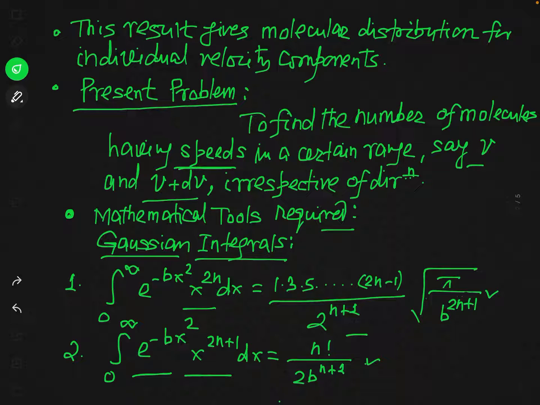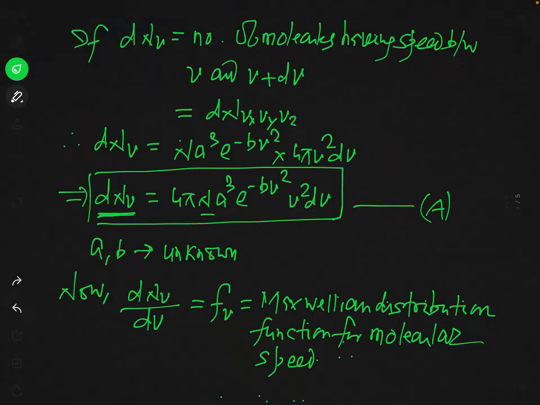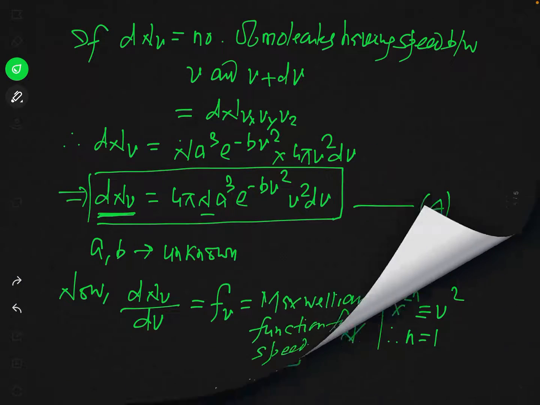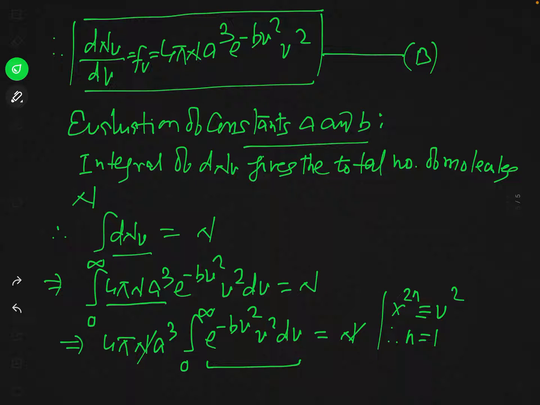When you take n equal to 1, then in the numerator there will be 1 over 2 raised to the power 1 plus 1, that is 2 square, times square root of pi, divided by b raised to the power 2 into 1 plus 1. So using this formula you can easily say what will be the integral of e raised to the power minus bv square times v square from 0 to infinity.